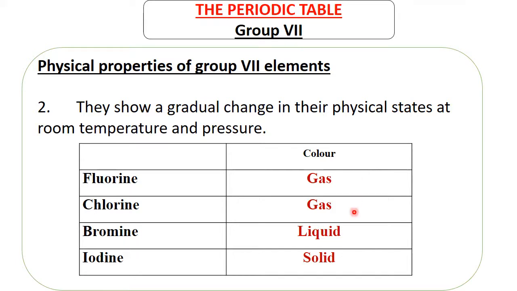As you go down the group, they become more solid, or the particles that make up the elements become closely packed. As you remember, solid particles are closely packed compared to liquids and gases. So this is a trend observed in the physical state of group 7 elements.